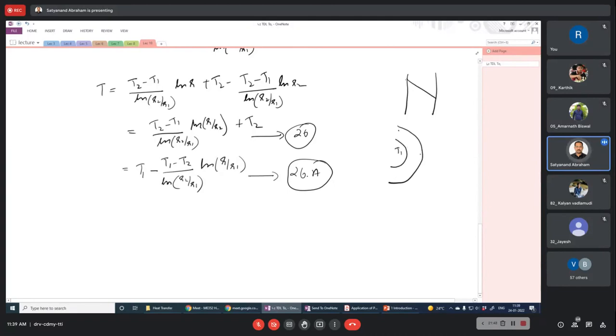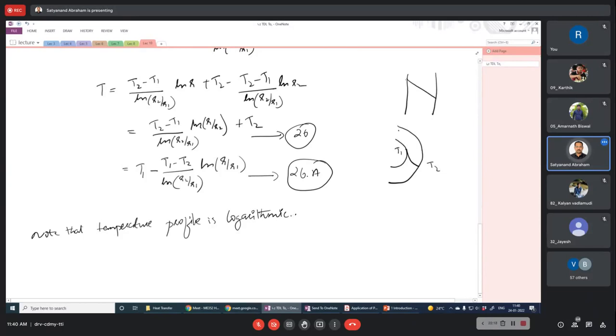So if this is T1 and this is T2, it is going to vary something like this, not linear. The temperature profile is logarithmic.